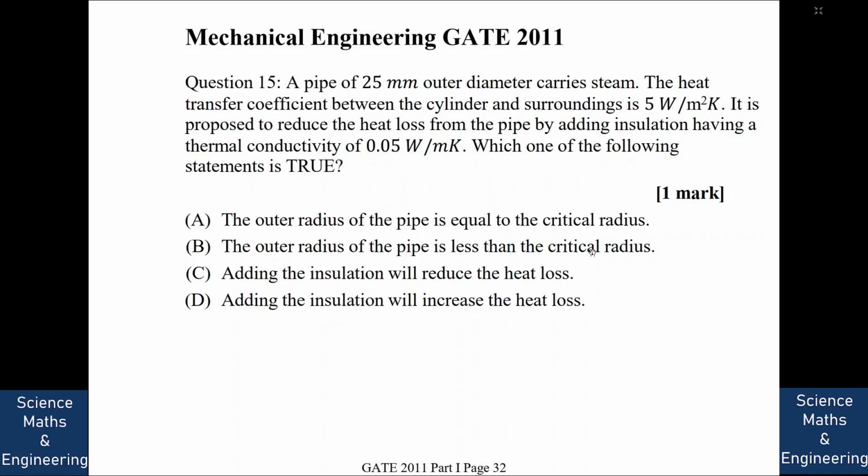Which one of the following statements is true? A. The outer radius of the pipe is equal to the critical radius. B. The outer radius of the pipe is less than the critical radius. C. Adding the insulation will decrease the heat loss. D. Adding the insulation will increase the heat loss.